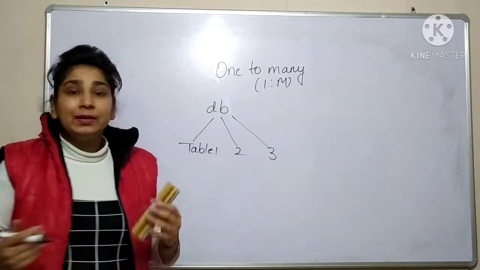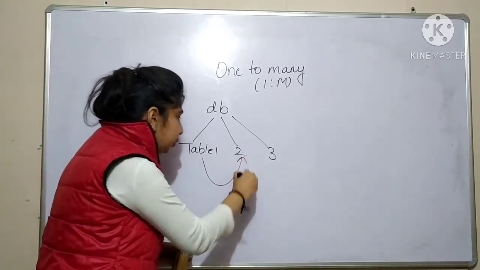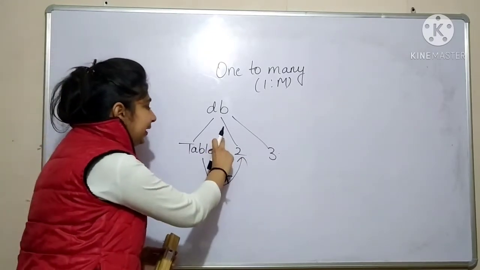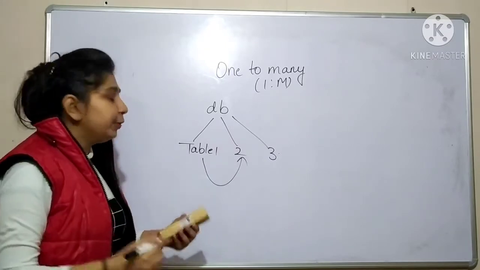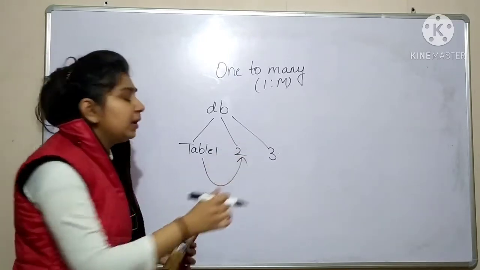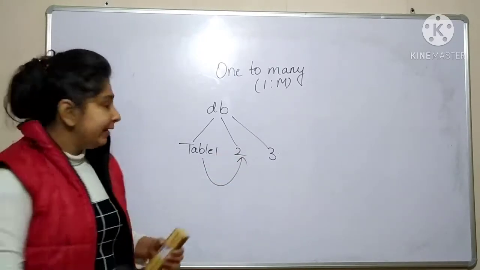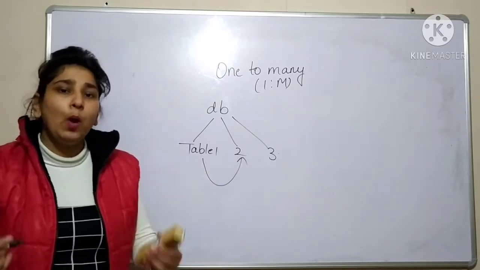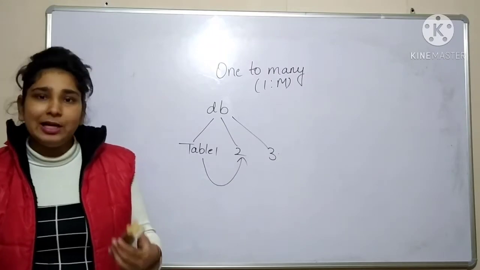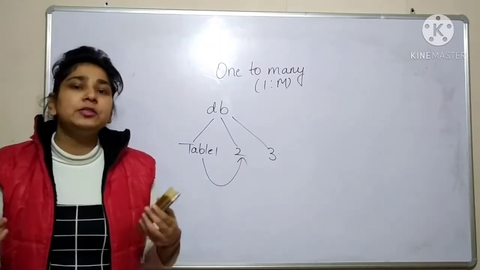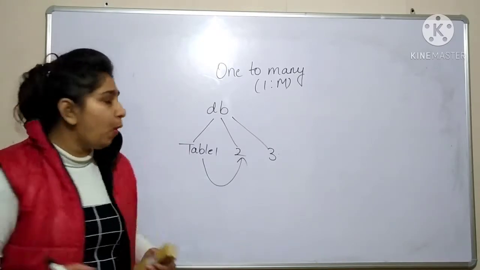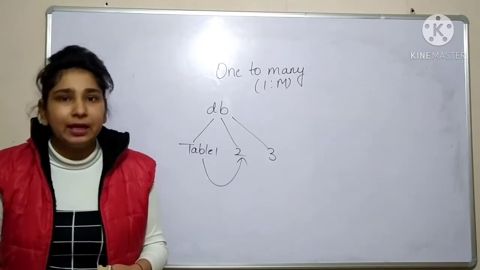Table 1 and table 2 are related with one another through a relationship. It may be one-to-one, one-to-many, or many-to-many. That really depends upon your requirement, what kind of relationship you want to make between the two tables.